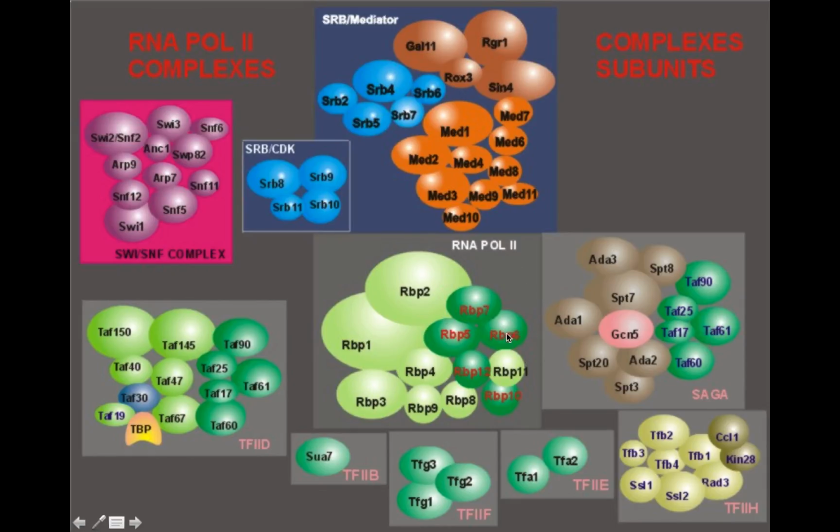RNA polymerase II itself has many different subunits to it. These are TFIIB, just one, TFIIF, three, TFIIE, two, TFIIH, a whole bunch. So it's just important to remember that when we're talking about these different factors, they're actually comprised of many different subunits. Each of these represents, of course, a single polypeptide.